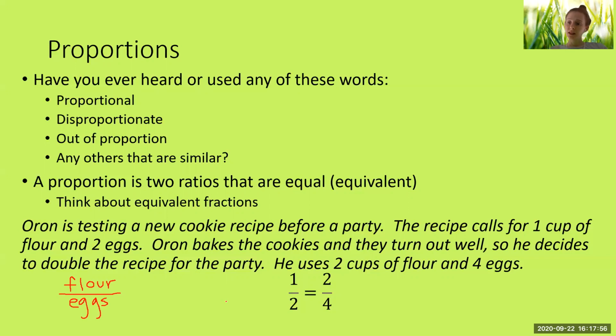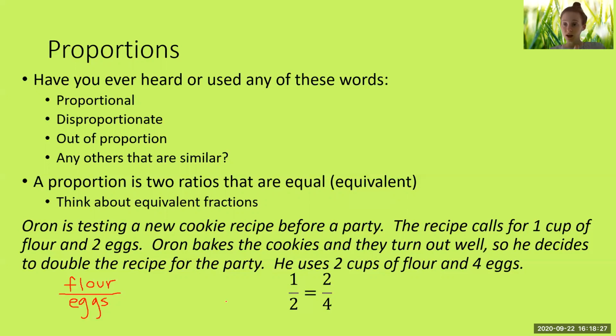So in this example, it might be a little bit more familiar to you. It might kind of jump out at you that Aron did this proportion correctly, right? That he correctly doubled his recipe. But let's say you have a situation where the numbers are a little bit harder to think about, or you're not exactly sure if 2 ratios do form a proportion. One way that you can check is you can check a characteristic that all proportions have.